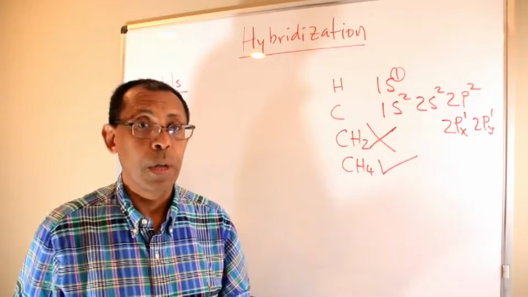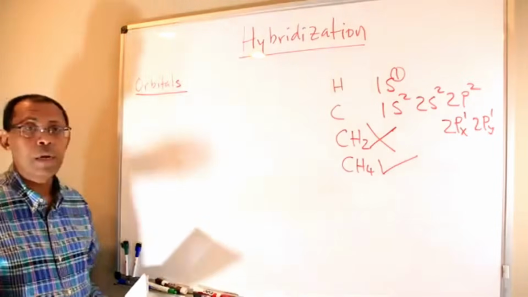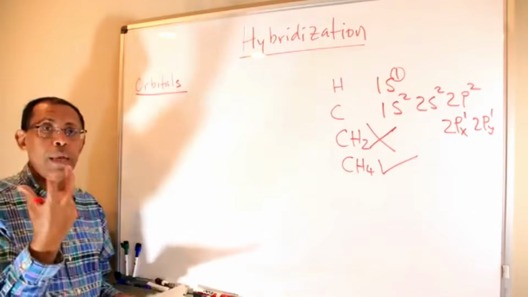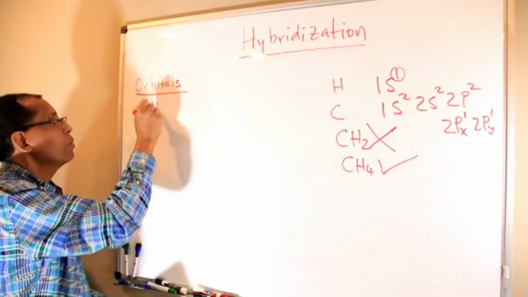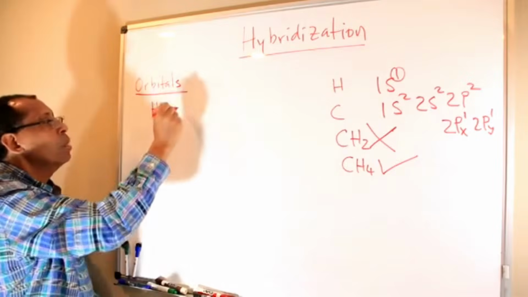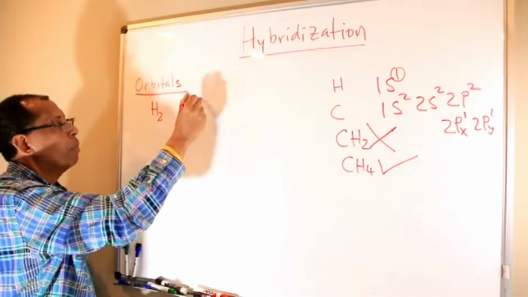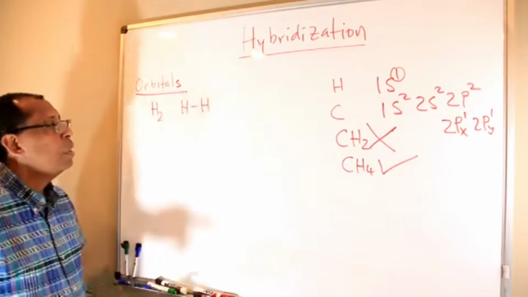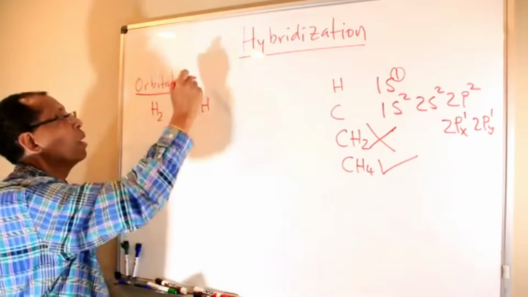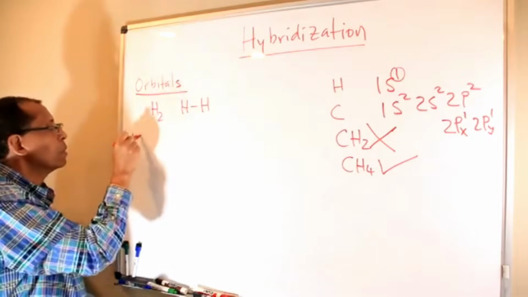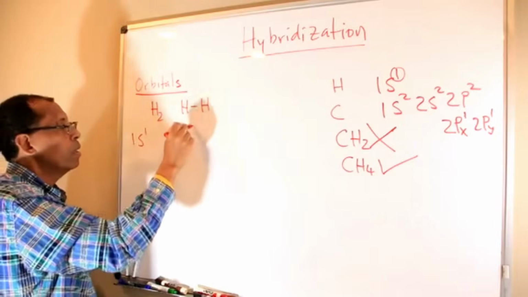So let's review now. When we say orbitals, these are the lobes that contain the electrons to make the bond. For example, hydrogen gas is a linear molecule with a non-polar covalent bond between the two, made from 1 electron of 1s1 and another 1s1.